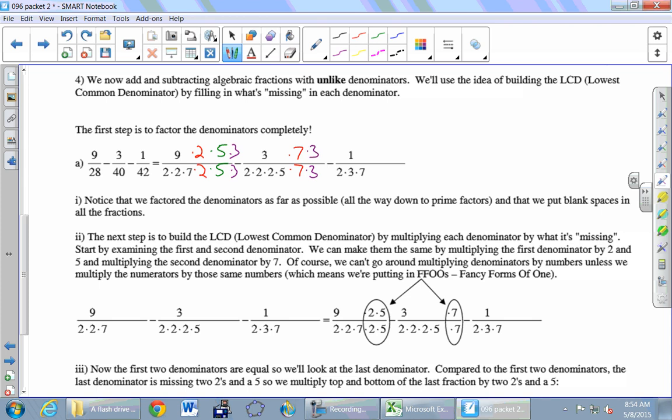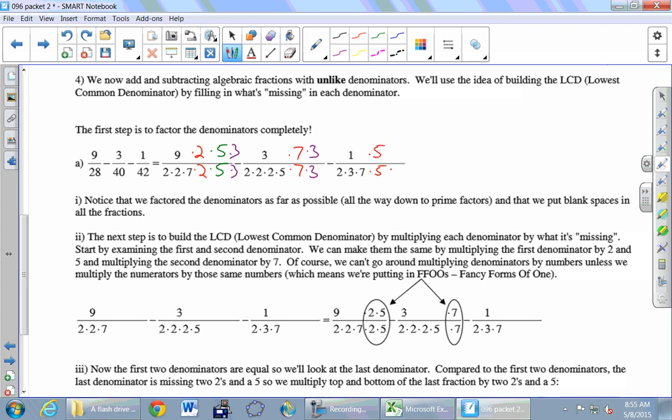Okay, now it's time to bring the last guy into the mix. So what is the last guy missing from, really, either of these guys? Because I think that the middle two, the first and second denominators, are the same again, right? They both just got another 3. So what is this guy, the last guy, missing? Let's see, it's missing a 5.